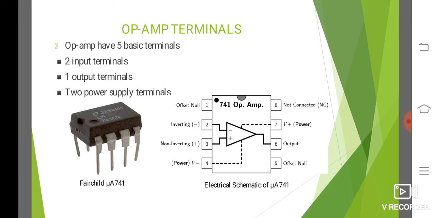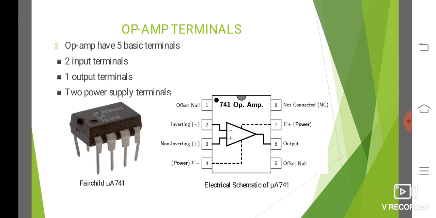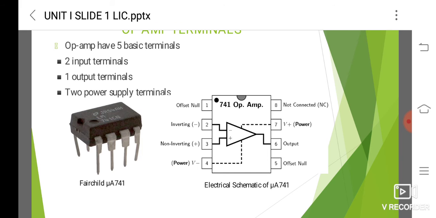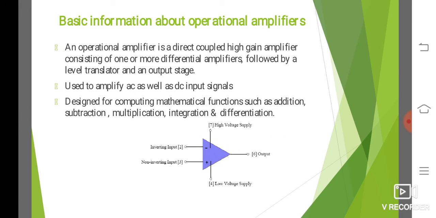Pins 1 and 5 are offset null, and the 8th pin is not used, with no connection. Pin 7 is for the positive power supply, the 4th pin is for the negative power supply, and from the 6th pin we take the output.